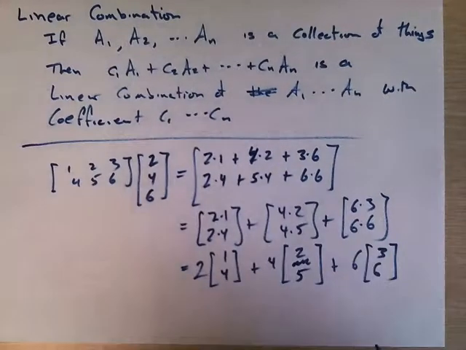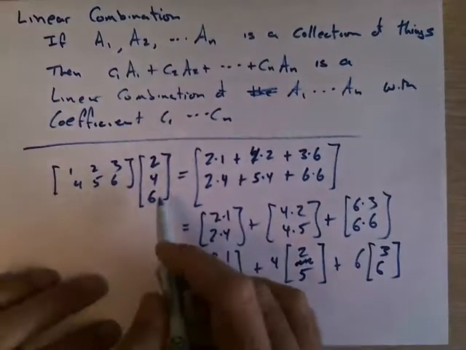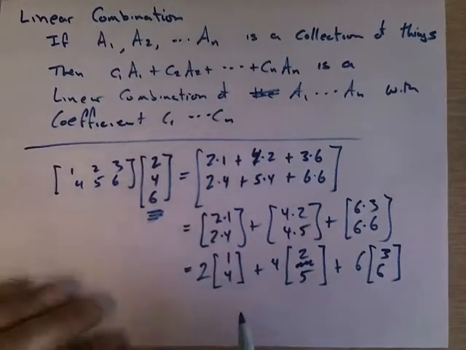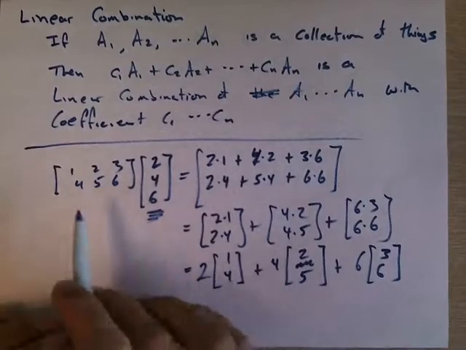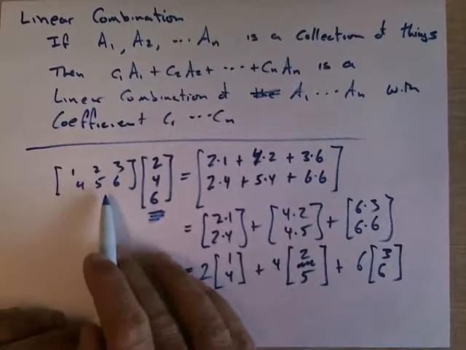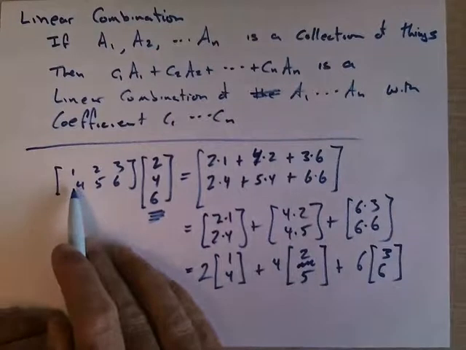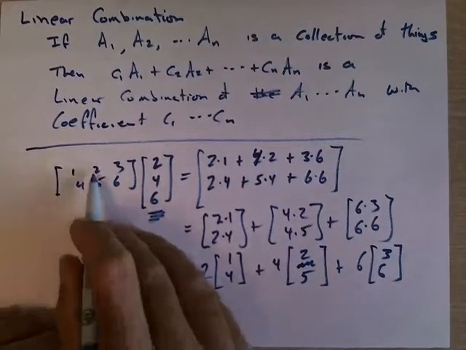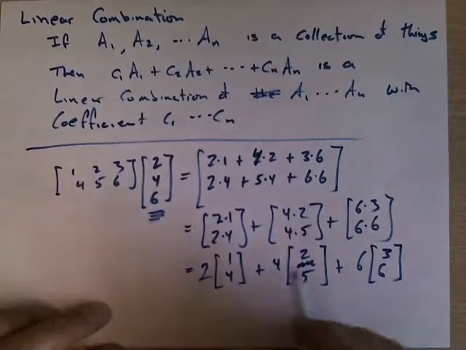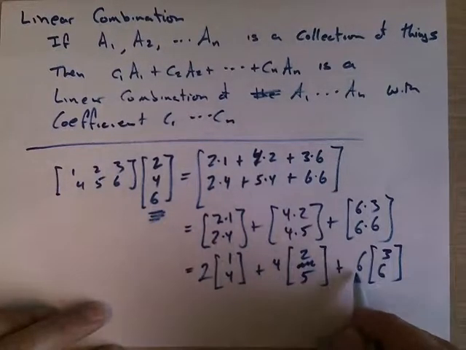What the book points out is that matrix multiplication, when you're multiplying by a column matrix, is really just a linear combination of the columns of this matrix here. I've got the column 1, 4 being multiplied by 2. I've got the column 2, 5 being multiplied by 4. I've got 3, 6 being multiplied by 6.